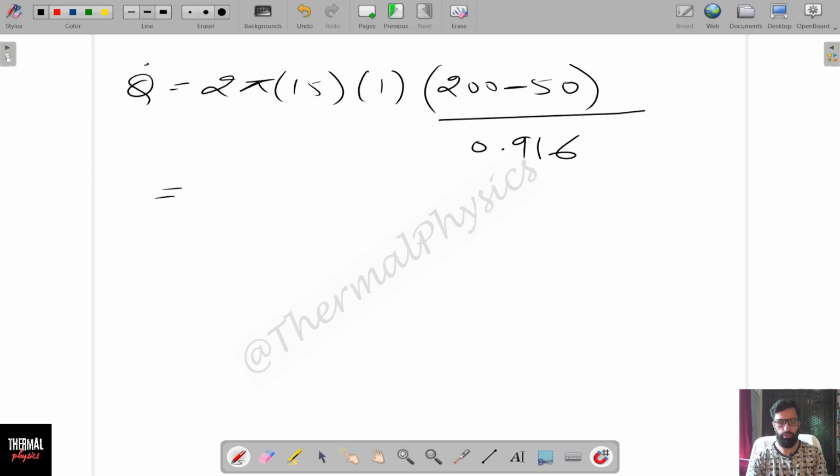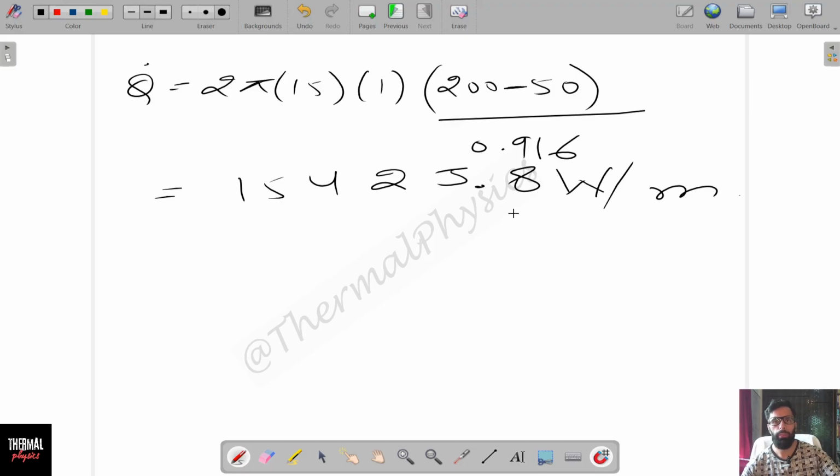When we calculate this, it is 2 times 3.14 times 15 times 150 divided by 0.916. So it is approximately 1542.78 watt per meter length of the pipe. So this is our heat transfer rate.